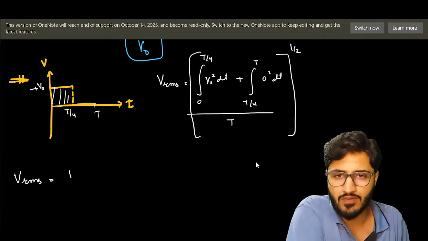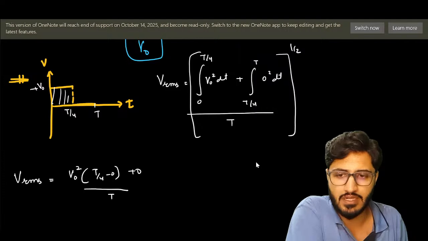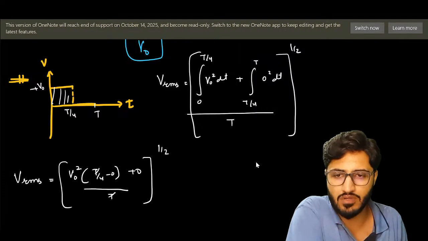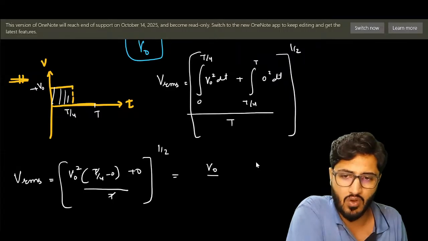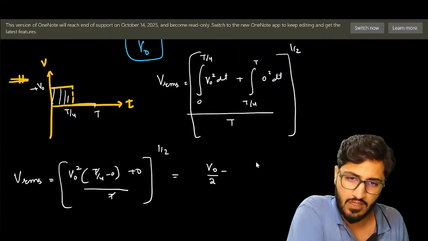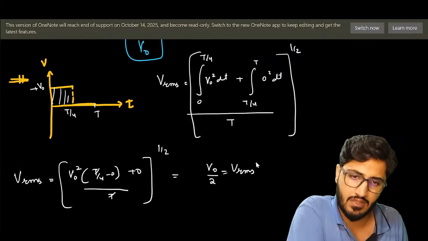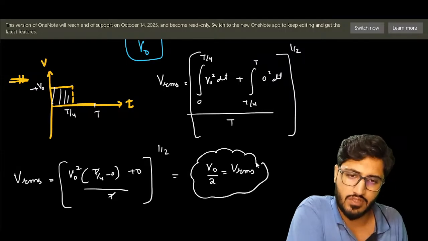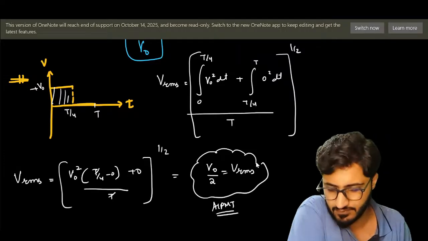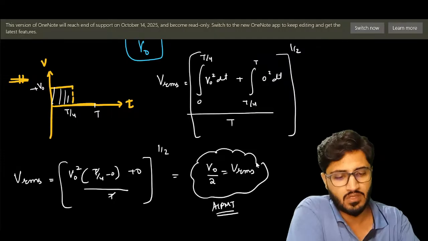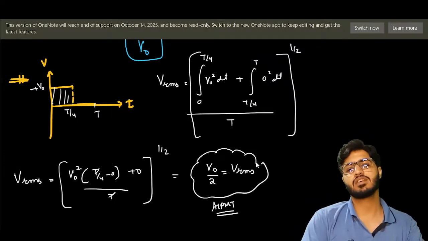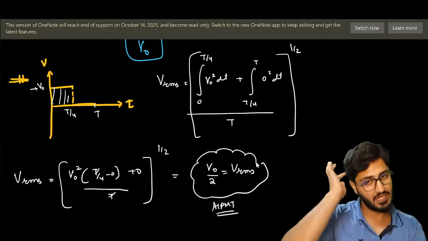V naught square I will take outside, then we have t by 4 minus 0 plus 0, divided by t, then 1 by 2. T cancels out. So my answer came out to be V naught by 2 only. This one is VRMS. This was asked in an AIPMT question back in some years. Now I don't have the exact date.